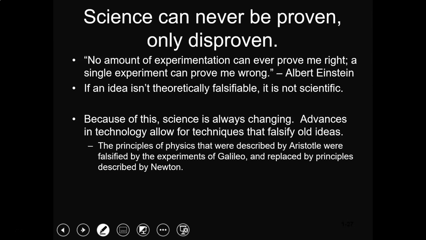Because of that, science is always changing. What we know today might be wrong tomorrow as technology advances, as our ability to ask those questions changes. We used to think that the entire body was controlled by the nervous system and nothing else, unaware of an endocrine system.